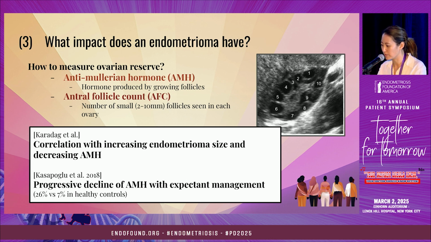What we do know very generally is that the larger the endometrioma you have, the lower your AMH, so the lower your ovarian reserve. They also did a good study where they took women with endometriomas and women without, and measured their AMH over time. They saw that the women with endometriomas had a faster decline in AMH. So just by nature of the size and how long they have them, it is impacting the ovarian reserve.